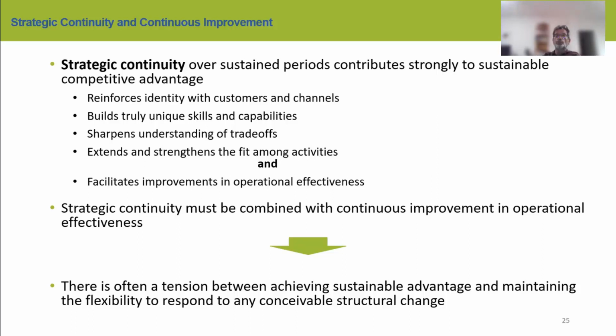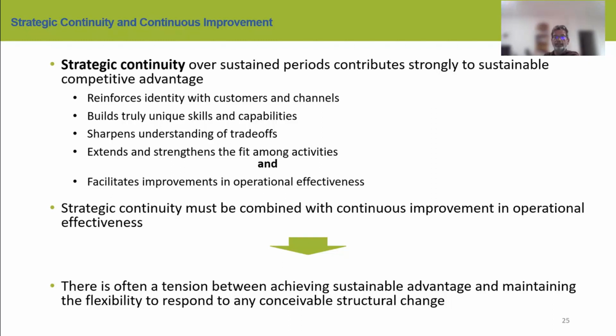Strategic continuity over sustained periods contributes strongly to sustainable competitive advantage because it reinforces the identity with customers and channels, builds truly unique skills and capabilities, sharpens understanding of trade-offs, extends and strengthens the fit among activities, and facilitates improvements in operational effectiveness. So a strategic continuity must be combined with continuous improvement in operational effectiveness.